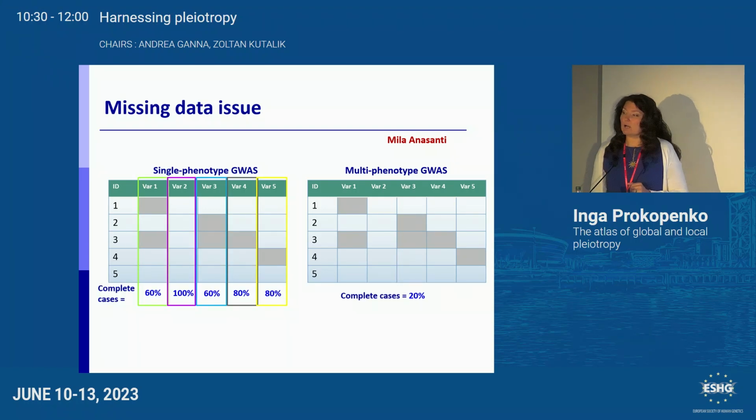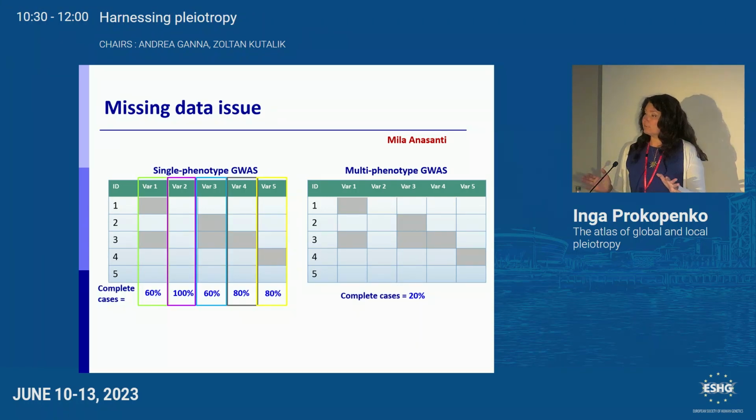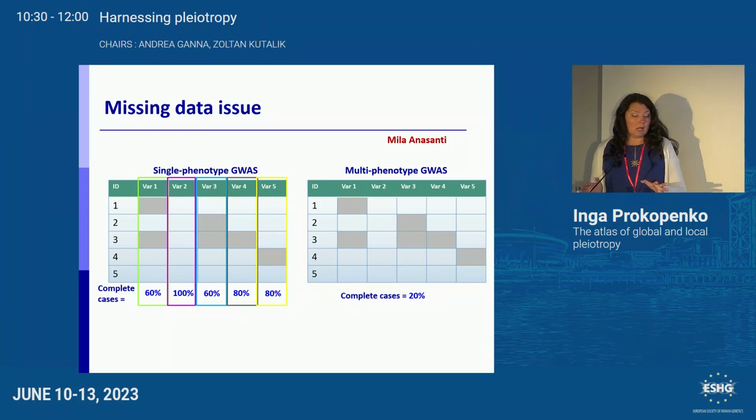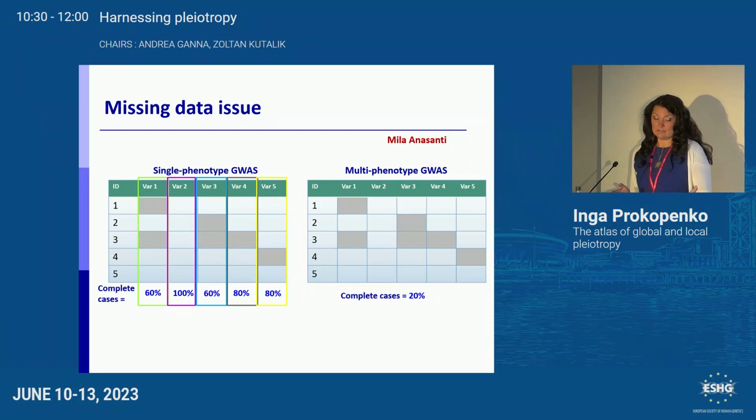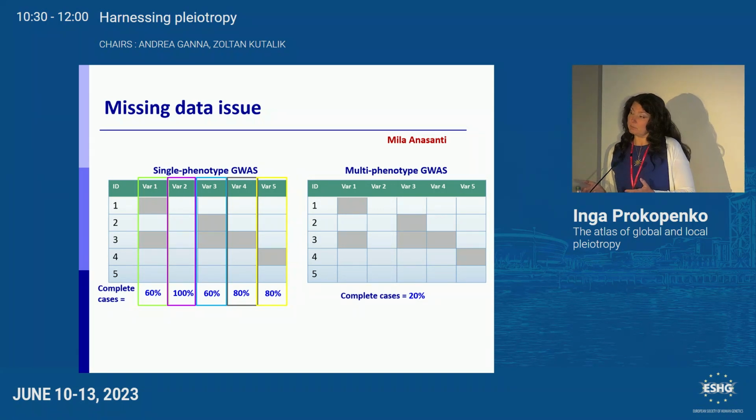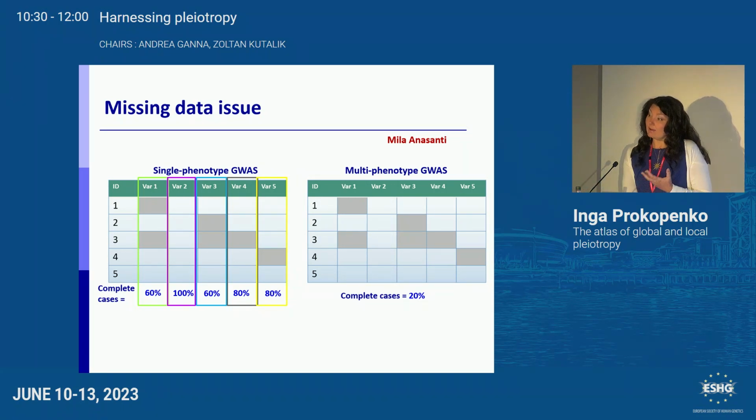So if you run complete case GWAS for single phenotype analysis, you have nothing else to do. You have 60%, 100%, 80% data available in each individual study.